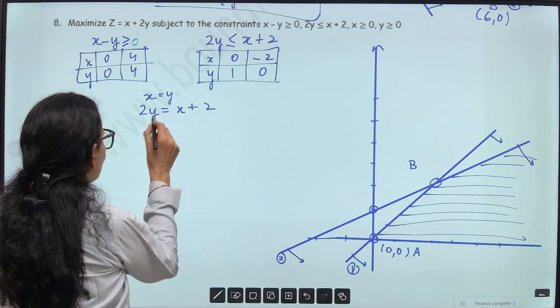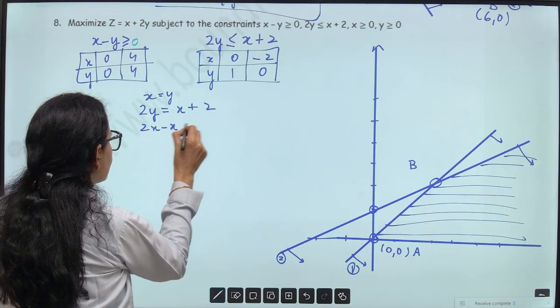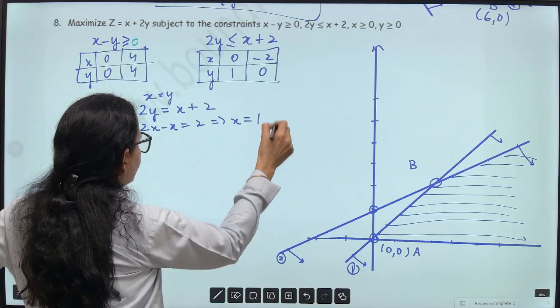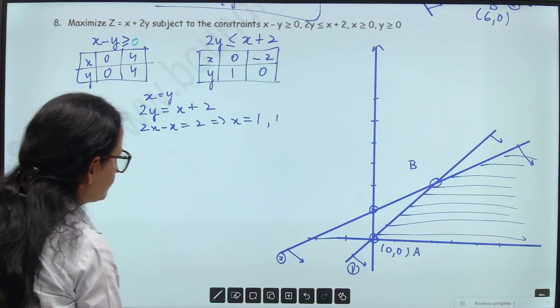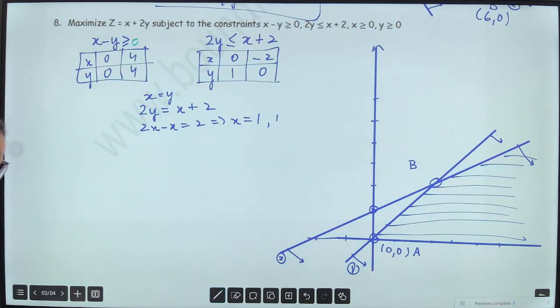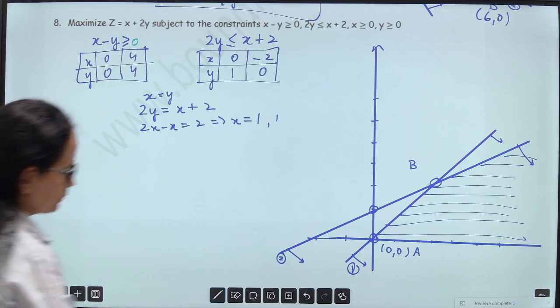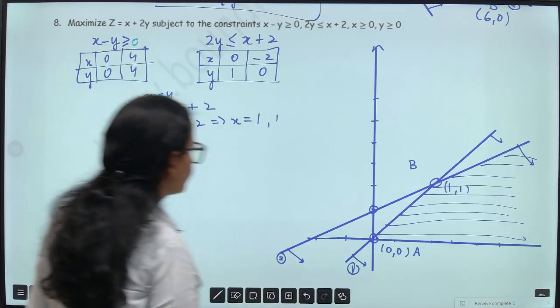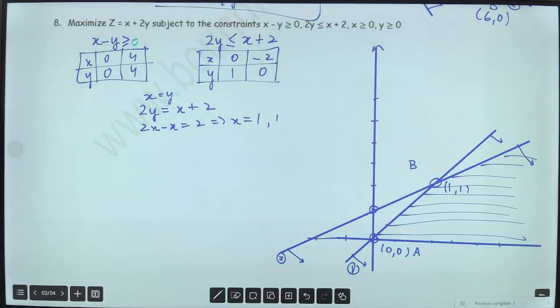So in place of y, I can put x, 2x minus x equals 2. That means x is 1 and y is also 1. Okay, so let's just write the point of intersection of both these inequalities, right?